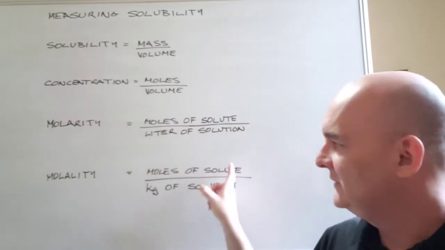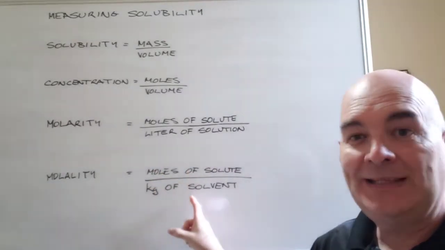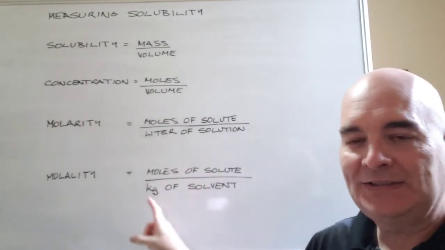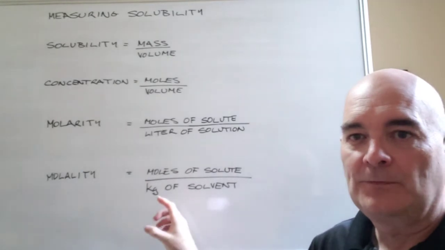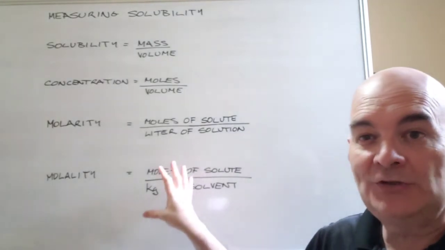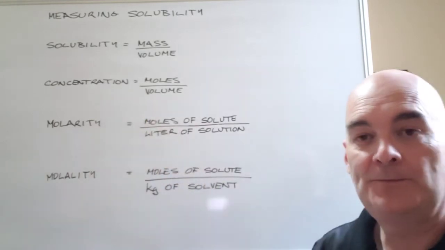So you take a mole of your solute and you add it to an existing kilogram or liter of the solvent. So this solution actually occupies more volume than that one does.